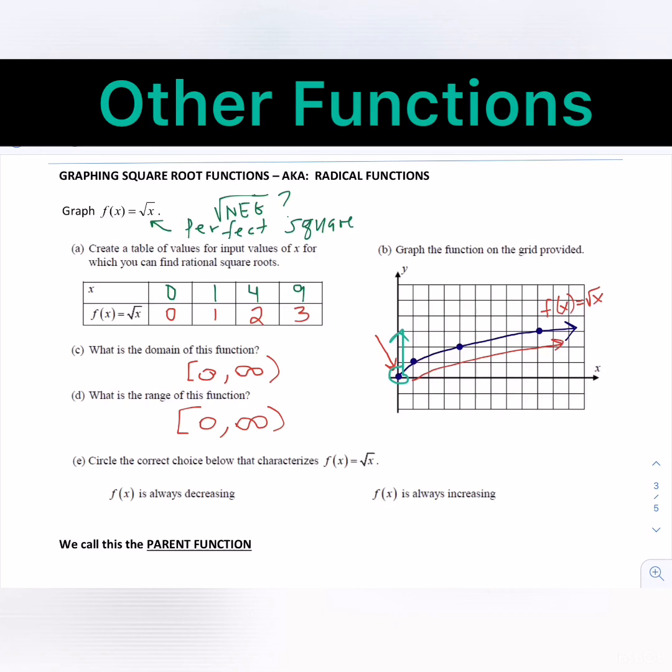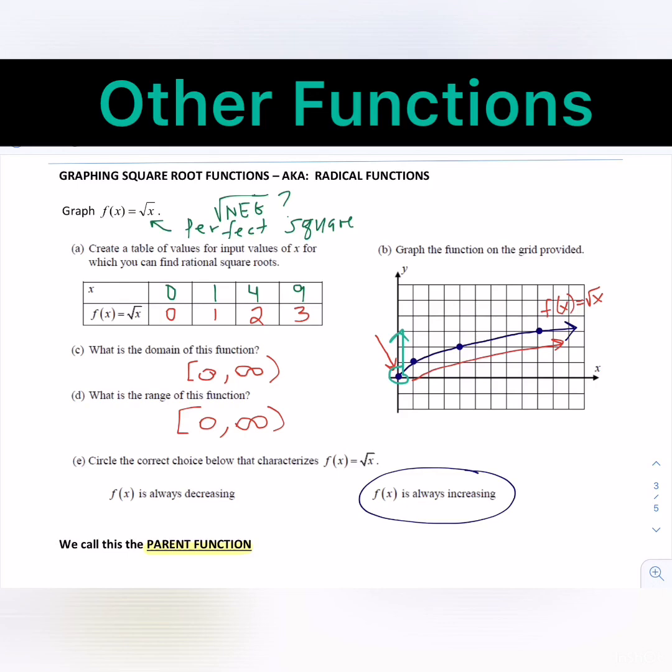Now, as it gets to this end of the graph, it definitely increases less, but it's still increasing nonetheless. So our function is always increasing. Again, this is the parent function because it is the simplest version of this function.